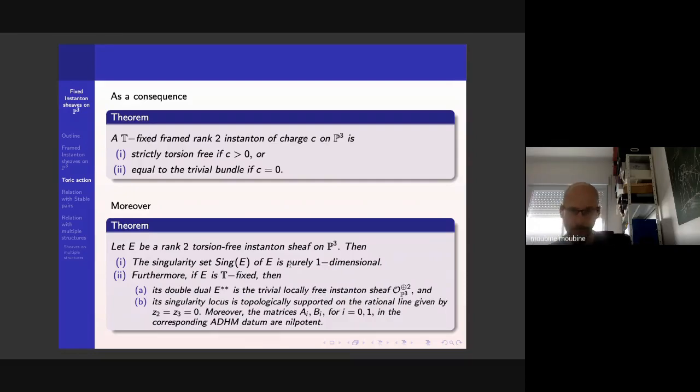Actually, it's the line given by Z2, Z3, which, if you look at the polytope of P3 as a toric variety, is the only torically invariant line that doesn't intersect the framing line. And moreover, the matrices that we are considering in the ADHM data are actually nilpotent.